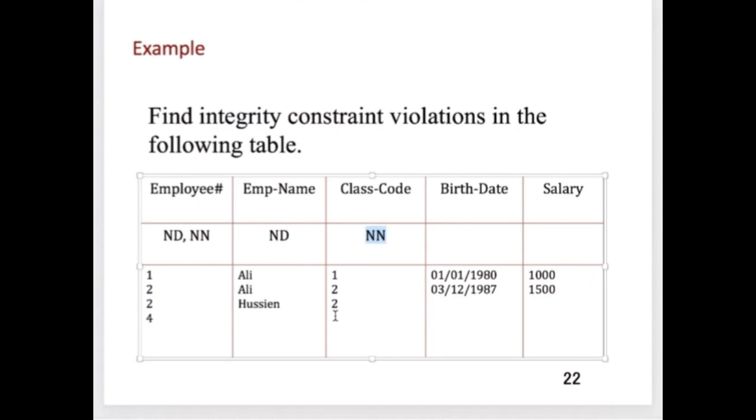The fourth value should be here. The fourth value is absent. So this is one violation. Any other violation? No duplicates. Do you see duplicates? Yes, this is also a violation. Employee number, no duplicate.